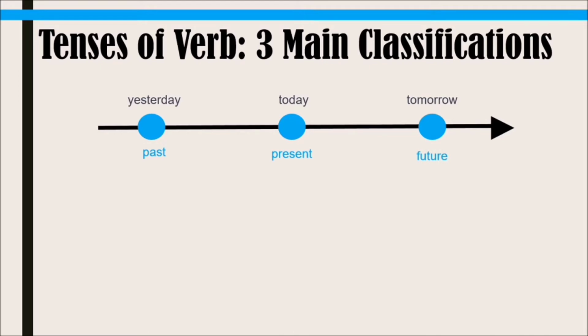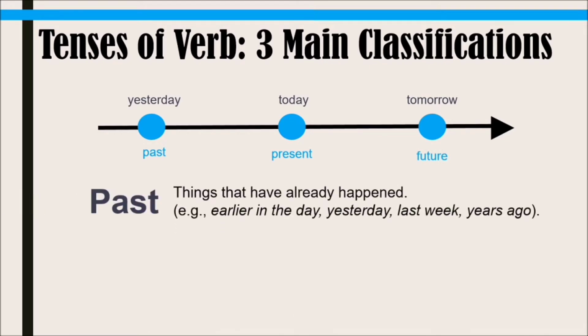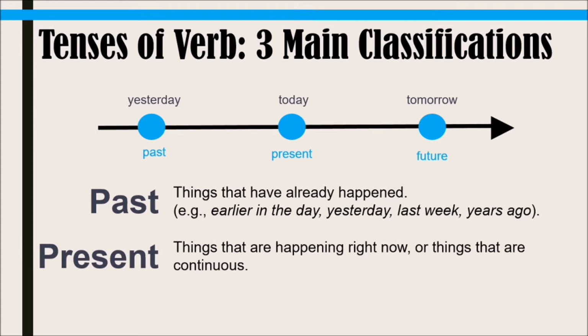So again, when we say past tenses, these are things that have already happened. These are actions you did earlier in the day, yesterday, last week, or years ago. Okay? For the present tenses, these are things that are happening right now or things that are continuous.